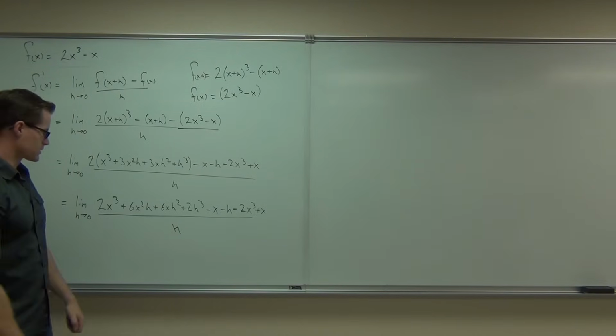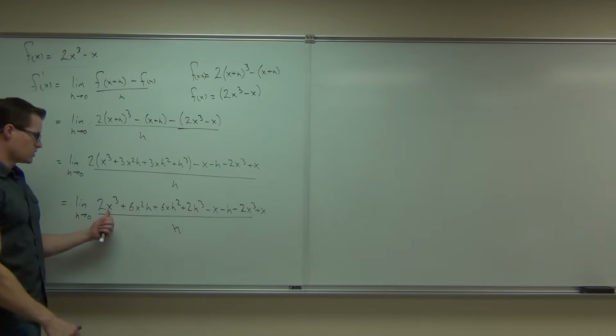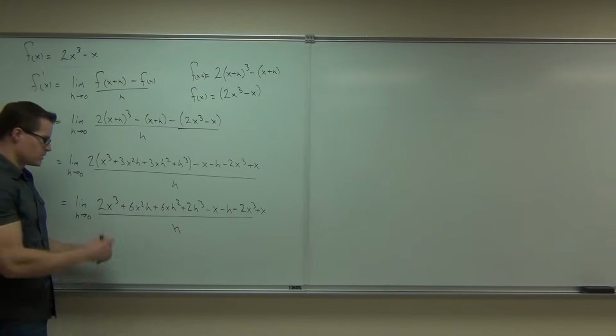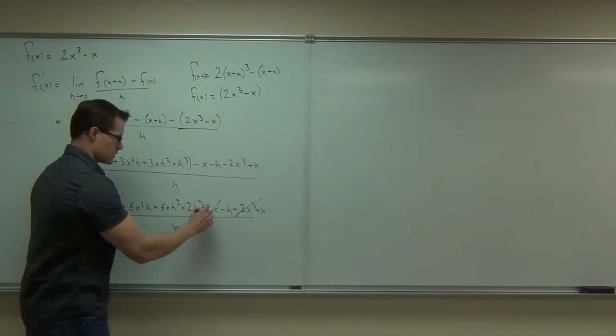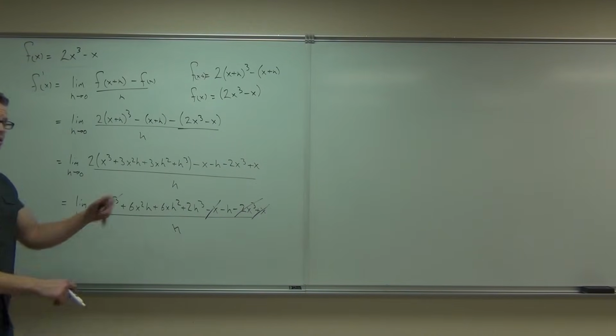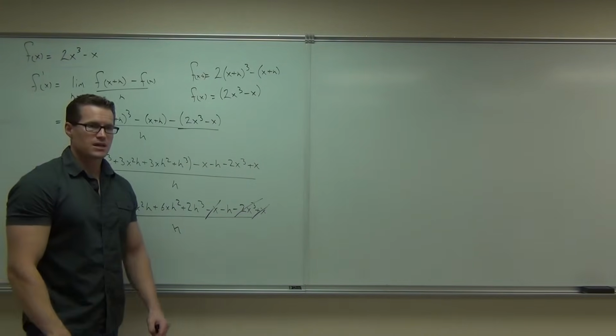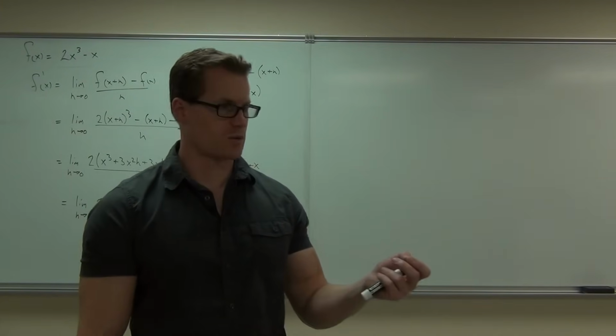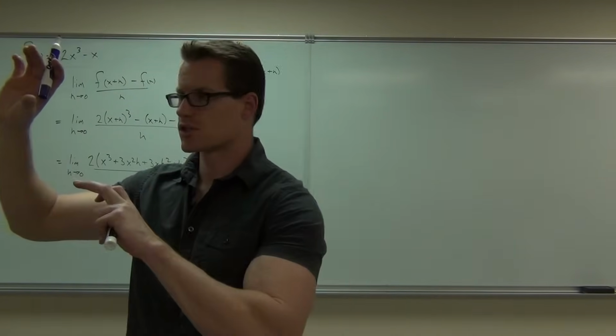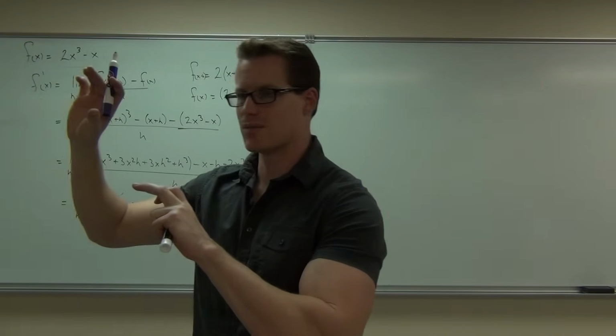Well, let's see. Does the 2x cubed go away? Yes. Gone. How about the x? Yes. That's everything that doesn't have an h. What that means is that you should be able to factor out an h from the rest of it. If you can, you're going to have h over h. That's something we can simplify.